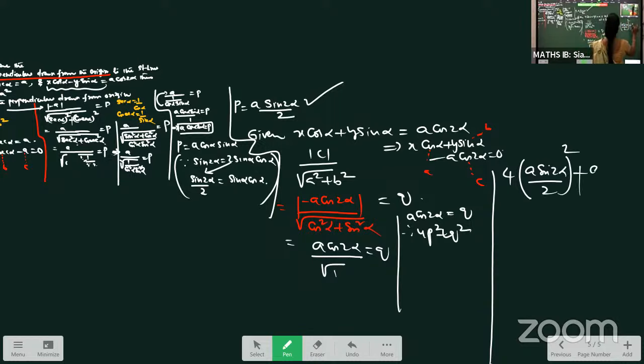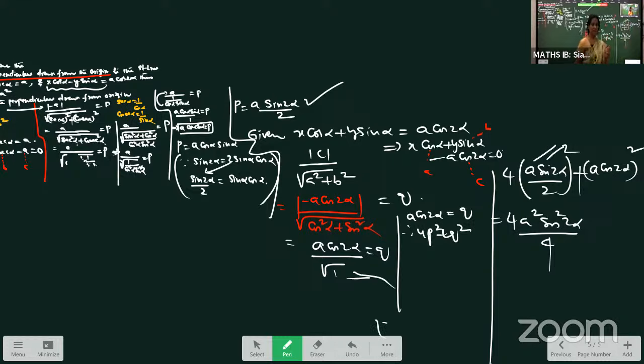So here 4 into A square sin square 2 alpha by 4, square of each and every term, A square sin square 2 alpha by 2 square. So A square sin square 2 alpha plus A square cos square 2 alpha. So 4 cancels. Then A square sin square 2 alpha, A square cos square 2 alpha.